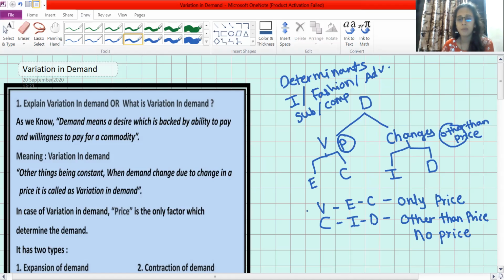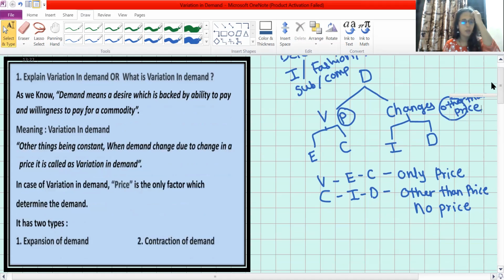So we will remember CID: C stands for changes, I for increase, D for decrease, and no price means other than price. Changes take place due to factors other than price, maybe income, change in population, change in price of substitute goods, change in complementary goods, anything but price. And for VEC, it is only and only because of price. Clear? Next, now we will see the explanation part.